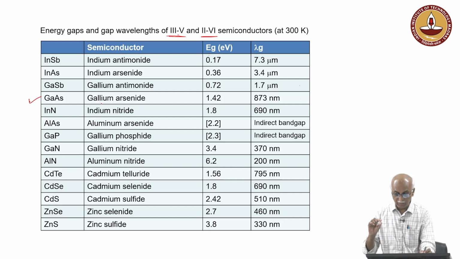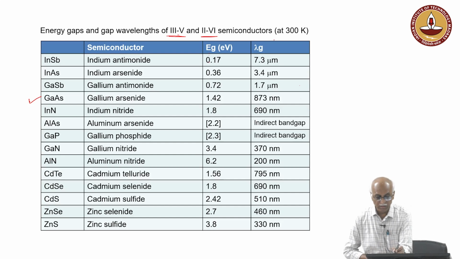Of course, there was some slight difference. It was not used as a light emitting diode, what I described just now, it was used as a laser. So, what is the difference between a light emitting diode semiconductor and a similar material used as a laser? We will see it in the next few slides, but you can see that depending upon the band gap, we get different wavelengths, and the relationship is very simple.